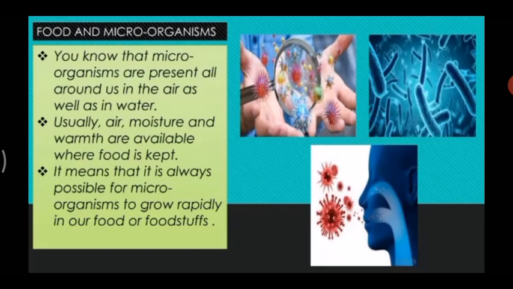So where can microorganisms attack? They can attack in places where there is air, moisture, meaning the place is a little wet, and warmth. And these things are available where the food is kept. It means that it is always possible for microorganisms to grow rapidly in our food or foodstuffs.